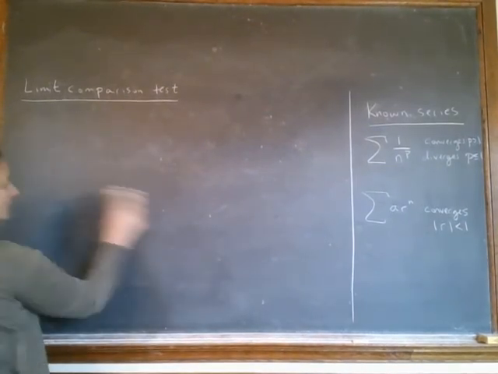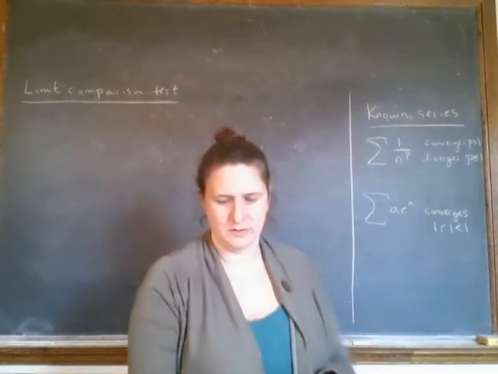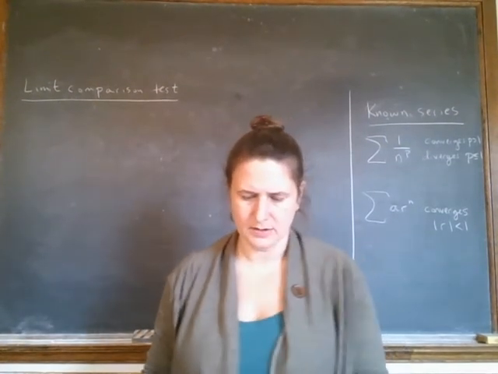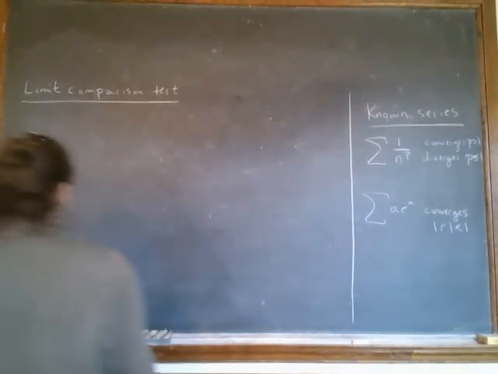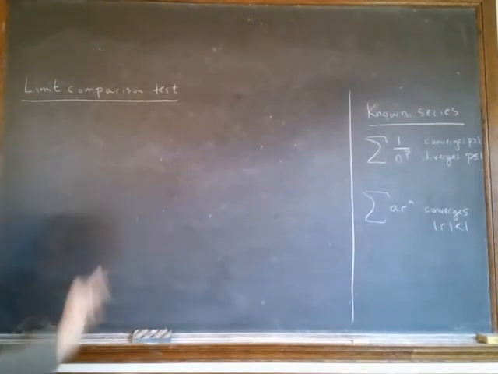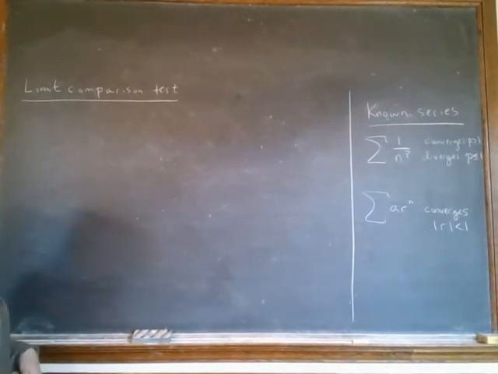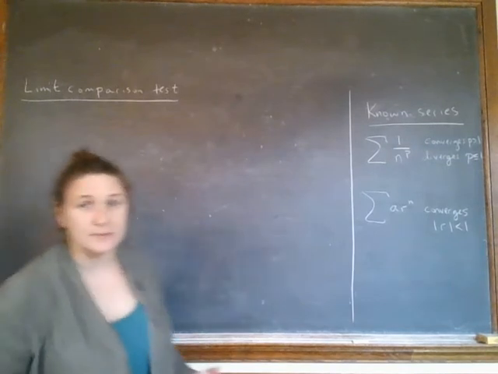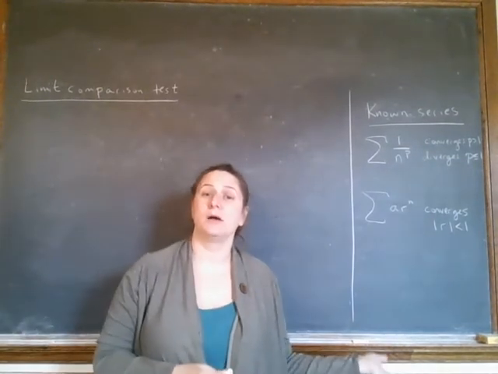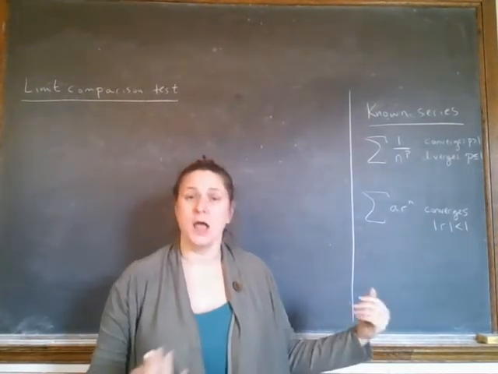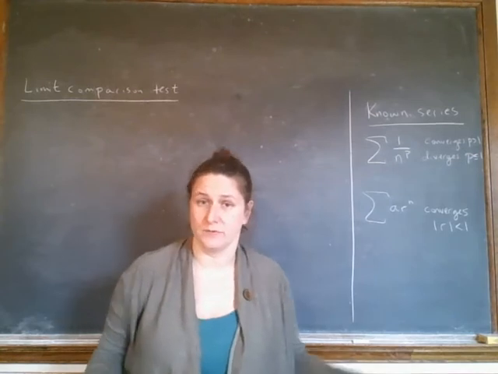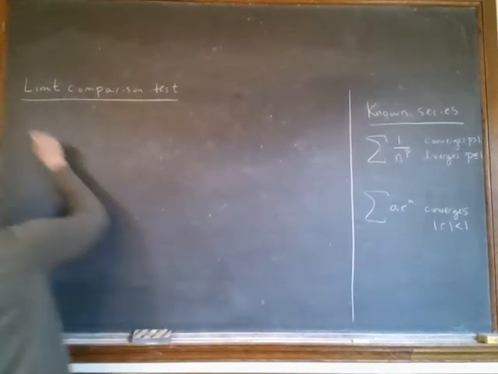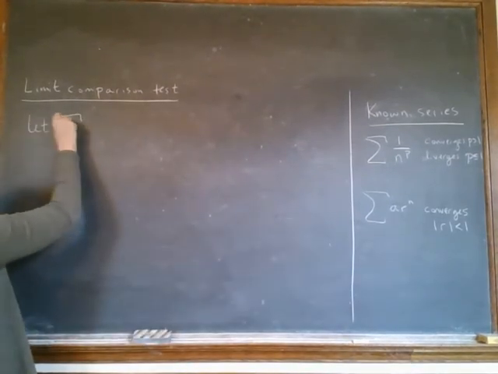So for our limit comparison test, what we need is to look at the limit of not whether an is bigger than bn or an is less than bn, but what is going on in the limit as n goes to infinity. And we're going to look at the ratio of those two series. So I'm going to take my two series.